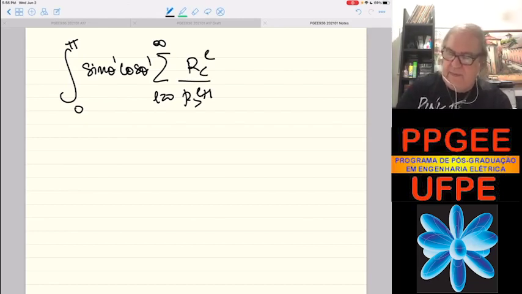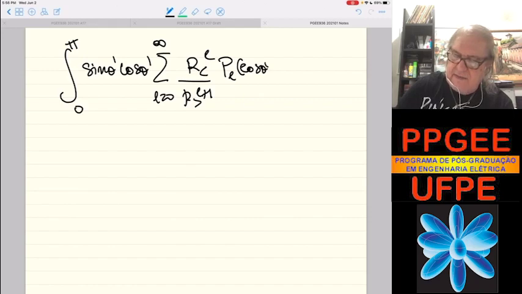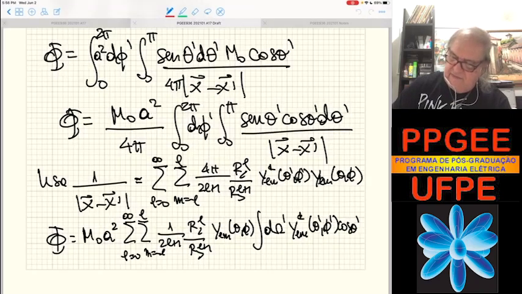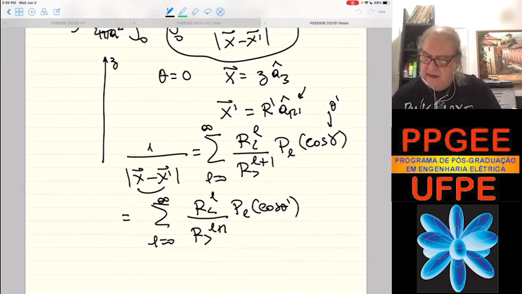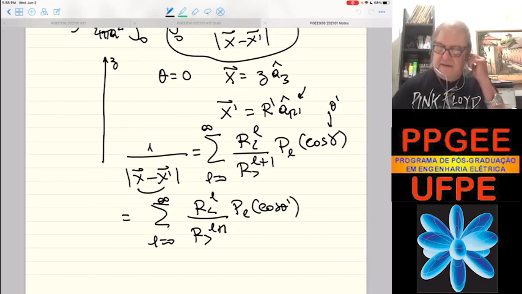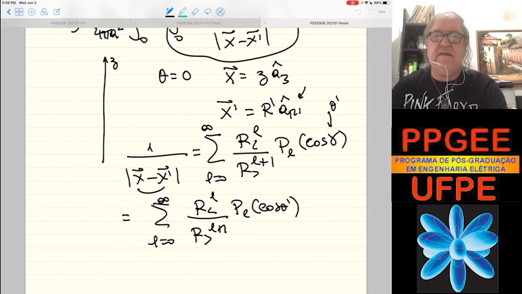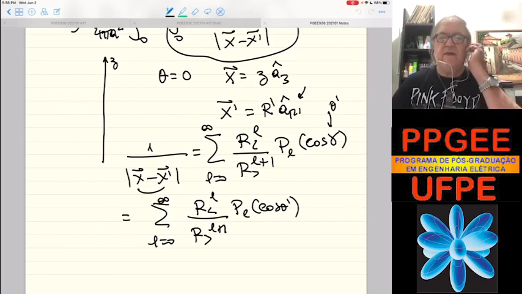So we're going to have P_l cosine theta prime. Sorry, but I forgot something here. Just a second. Yeah, that's correct. P_l cosine gamma, right?